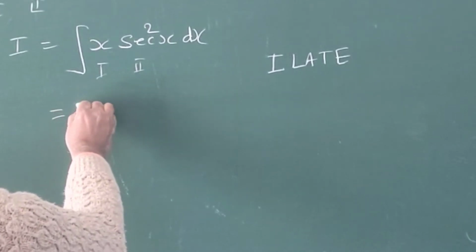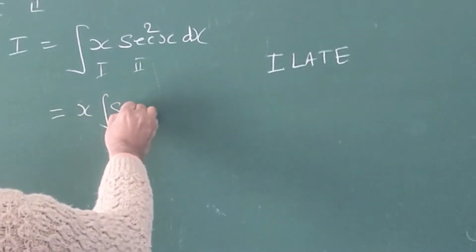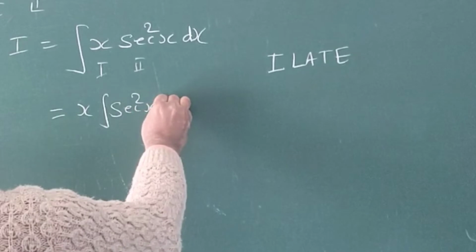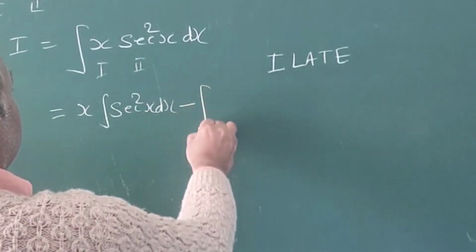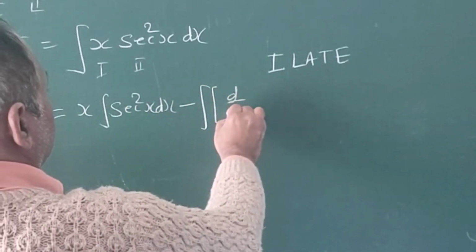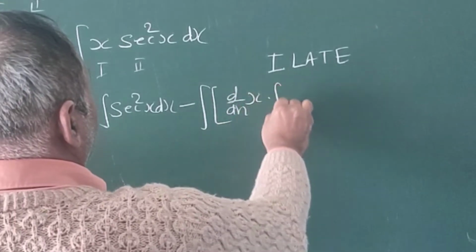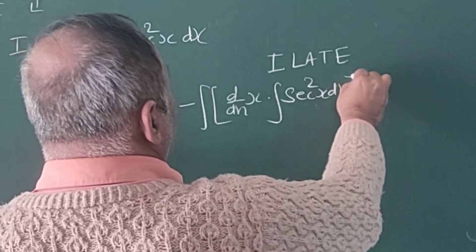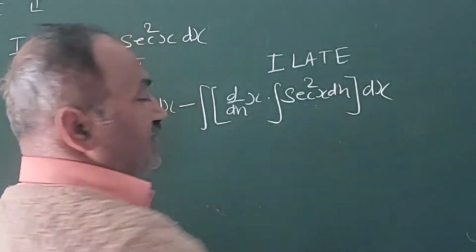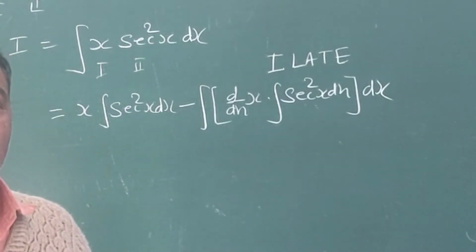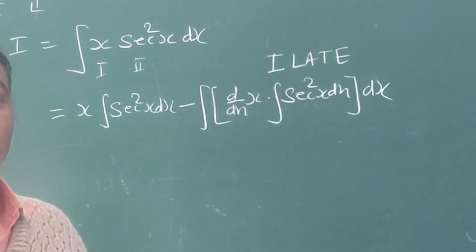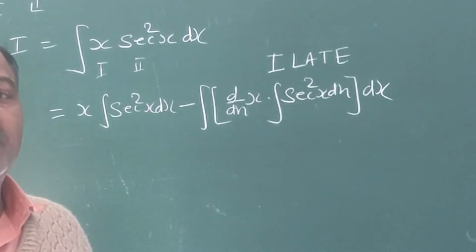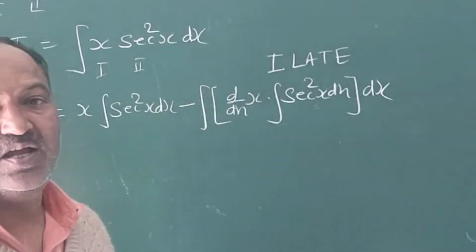We get first function as it is, integration of second, minus integration of derivative of first into integration of second, whole integration. This formula we have applied, the integration by parts formula.